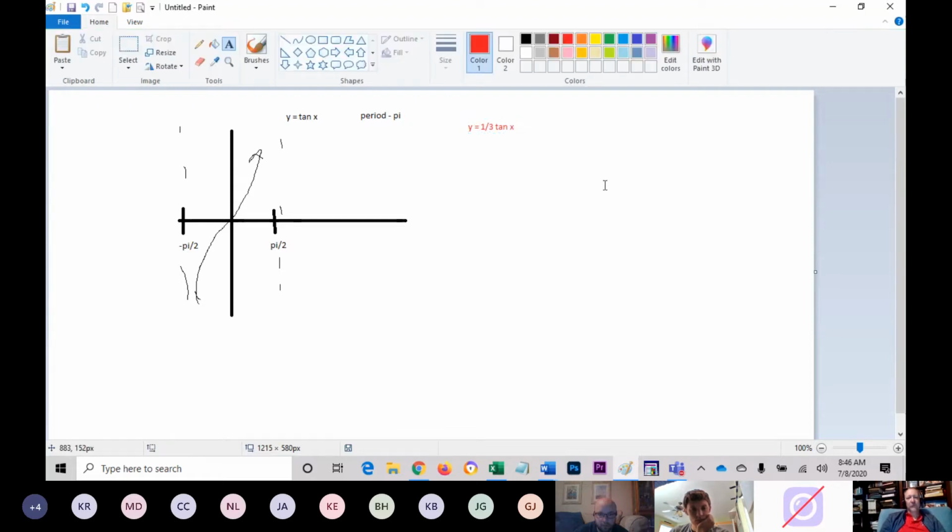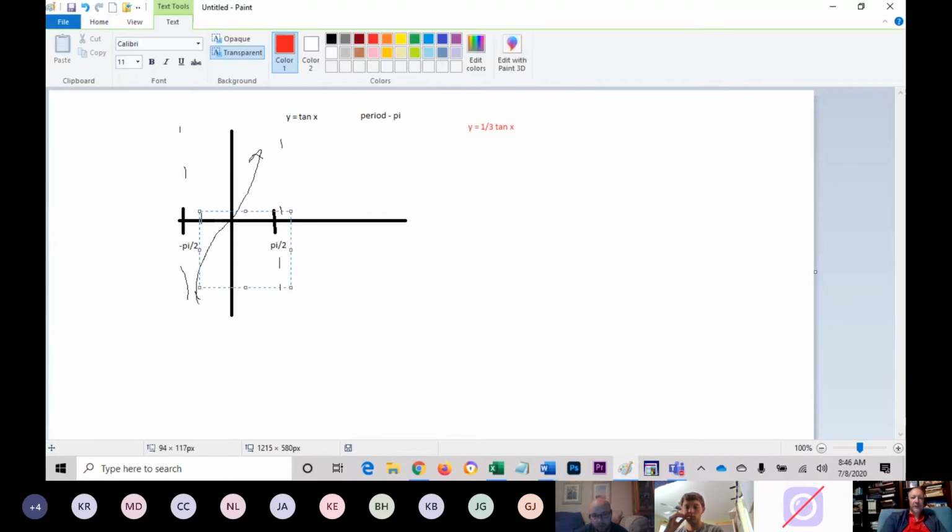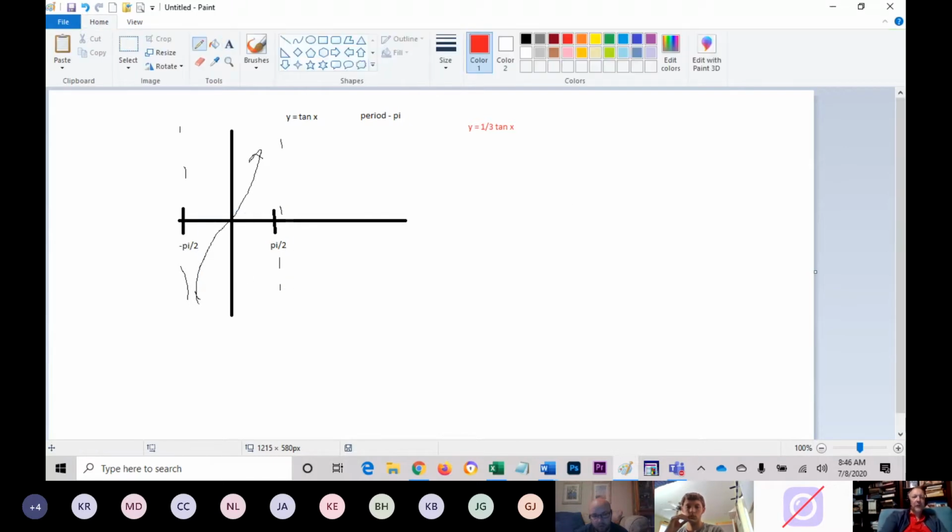The amplitude would be 1/3, and the period would still be pi. So in this case, the part where it actually goes through the x-axis will be even closer to the x-axis, if I'm not mistaken.